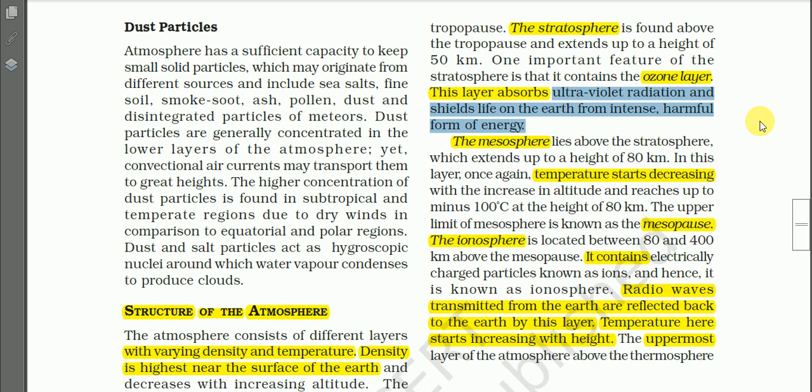Actually, because of the creation and destruction of the ozone, the ultraviolet rays are utilized or absorbed. So because these ultraviolet rays are utilized or absorbed, we are safe. Life on the earth is safe.